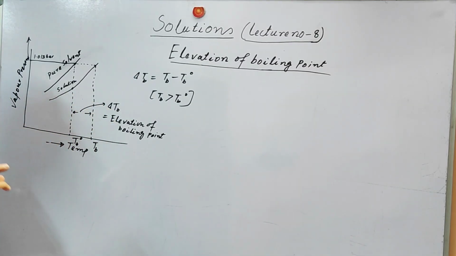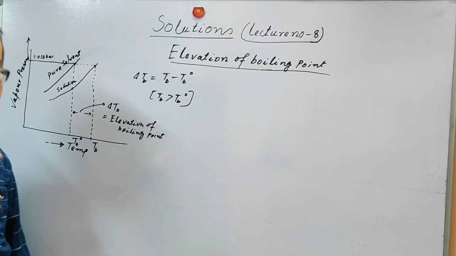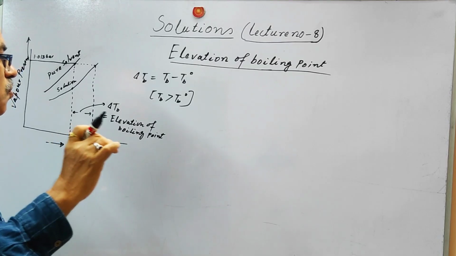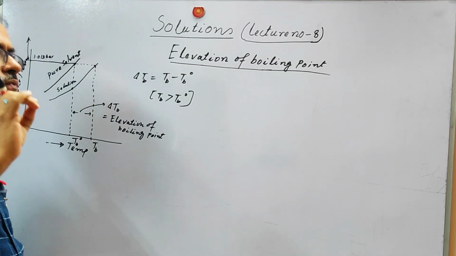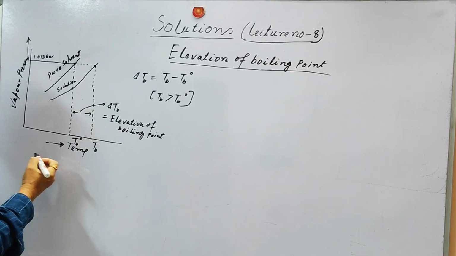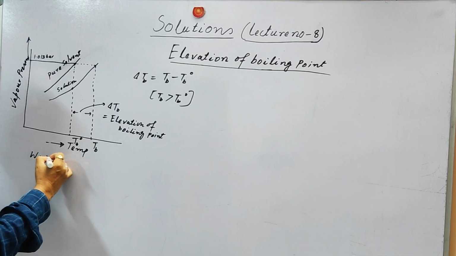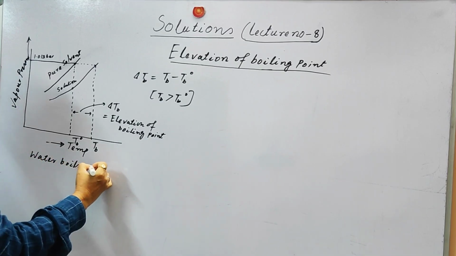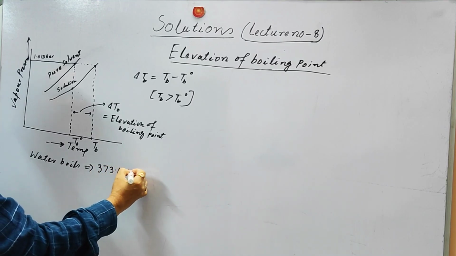I can give a very practical example. When you put 1 mole of solute, 1 mole of sucrose, in 1 kilo of water, what do we find? We find that pure water boils at 373.15 Kelvin.